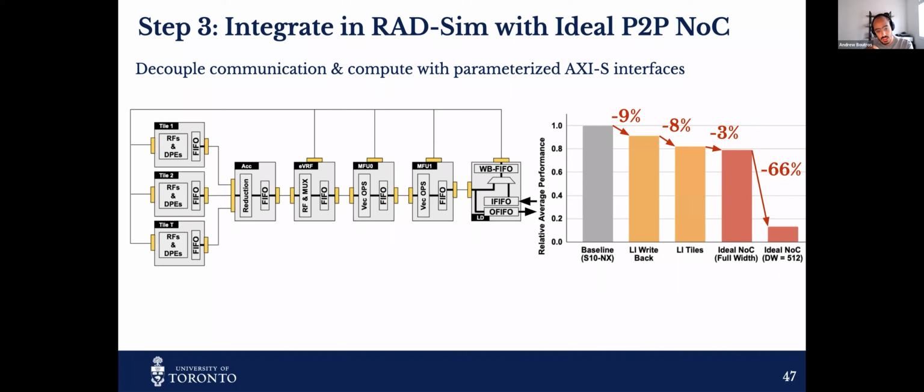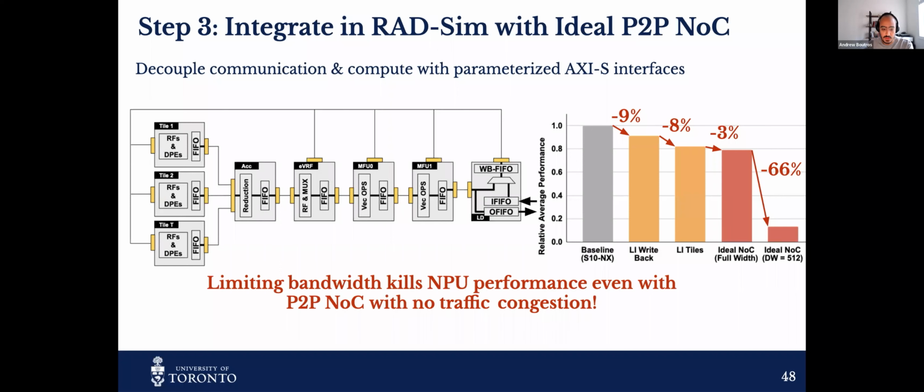But then once we limit the width of those interfaces to realistic NoC router interface width, so for example, 512 bits, which is the case in the NoC in the Versal device, or other academic studies for FPGA NoCs, we actually find that the performance falls off the cliff. So limiting the bandwidth actually kills the NPU performance, even if we assume an ideal peer-to-peer NoC with no traffic congestion on the NoC.